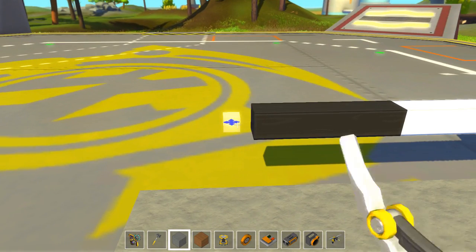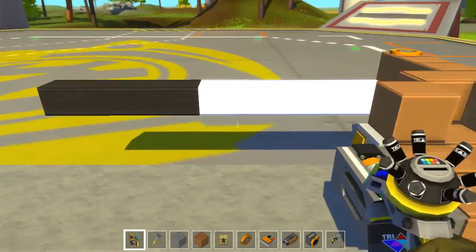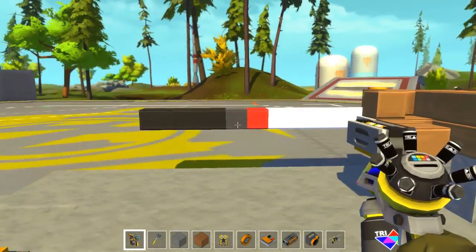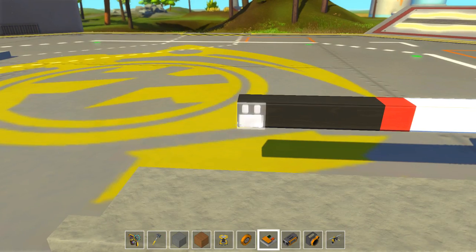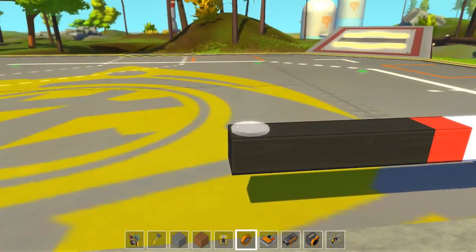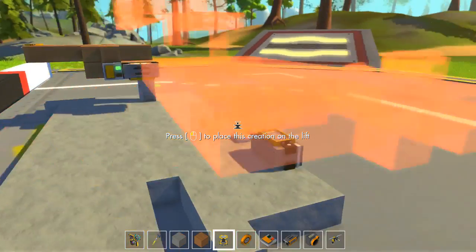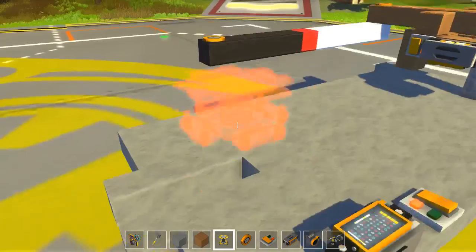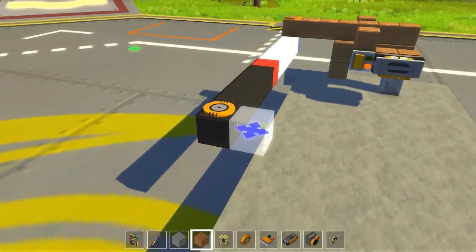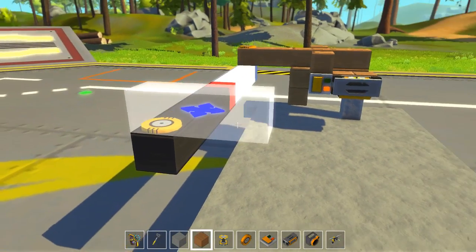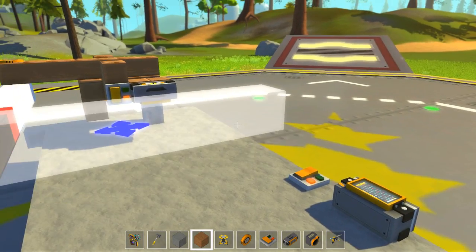So go blip and then Q, and we make the center bit red. Yes. Put it on the lift. Put the lift over there. Drop on here. So 1, 2, 5, 6, 7.